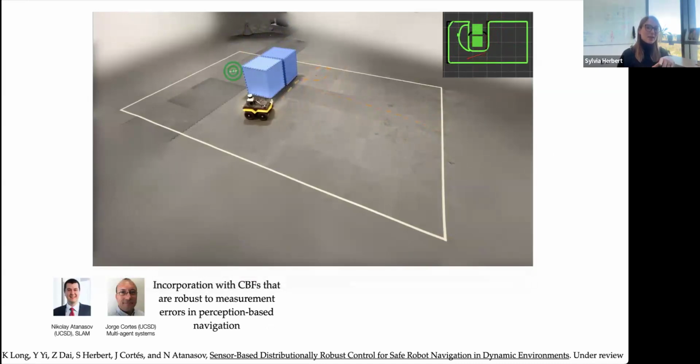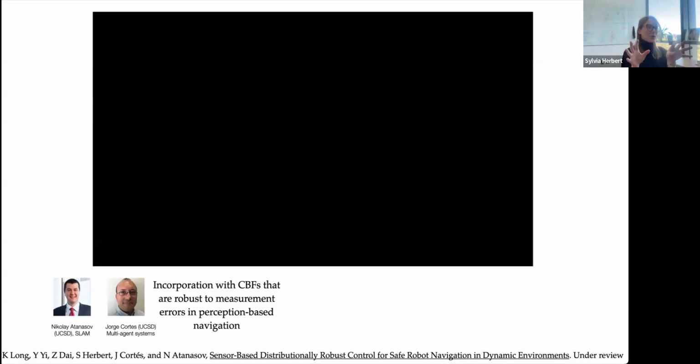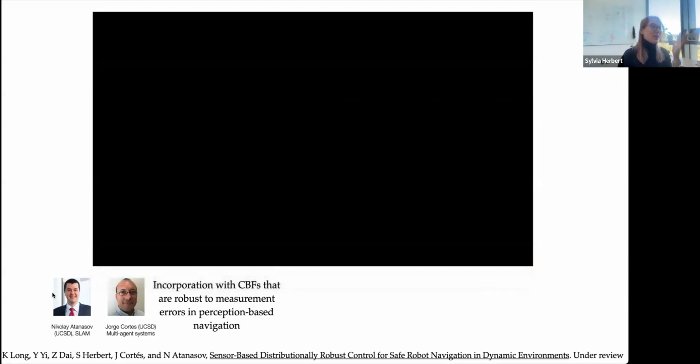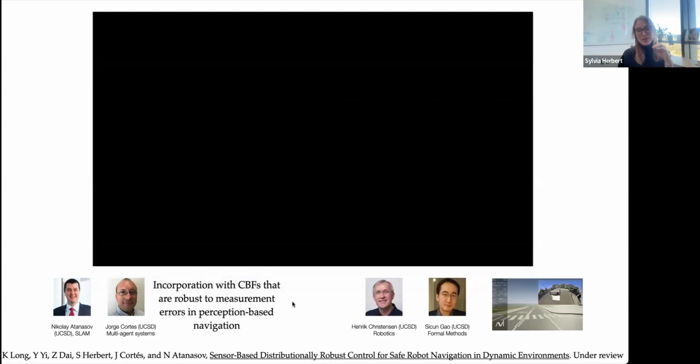So if you're using this LiDAR here, and you're only getting a sample from LiDAR pings of the obstacles around you, how do you design the robustness to potential measurement errors and incorporate that into the structure of your CBF? Currently, the work with them is assuming that you have this infinite acceleration or braking type of thing. So your CBF is essentially a signed distance function, but they want to merge it with our work to make it more robust in general.